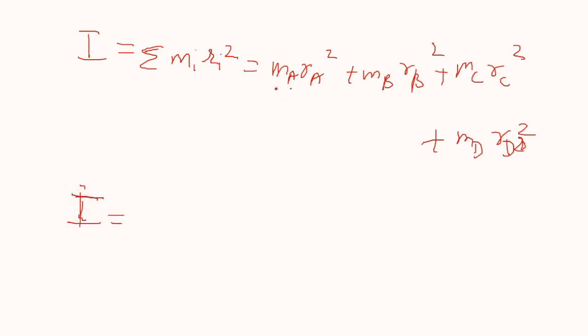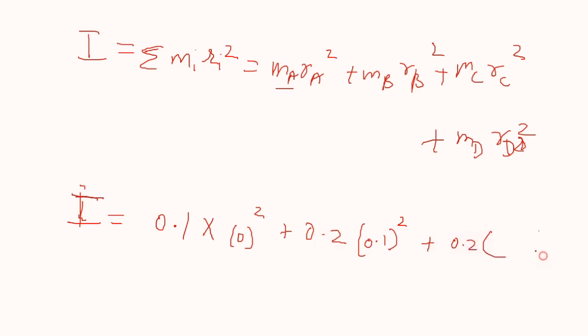So now you have to take MA in kilograms. For 100 grams, it's 0.1 into RA, which is 0 square. For MB, it's 0.2 into 0.1 whole square, plus 0.2 into, for RC we calculated it's 10.2 centimeters, and 10.2 by 100 in meters.